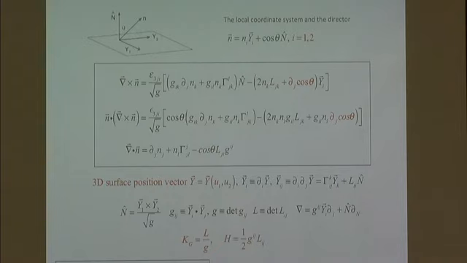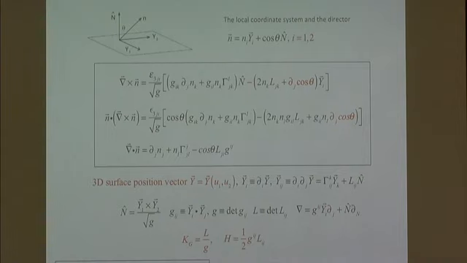Then one can write all the ingredients of the Frank energy, as well as what's needed in the Helfrich energy, in terms of all the differential geometry quantities. And those in turn all come from specifying a surface. So with a position vector for your surface specified, you can compute all of these quantities.